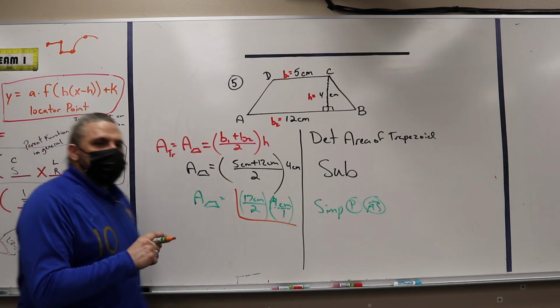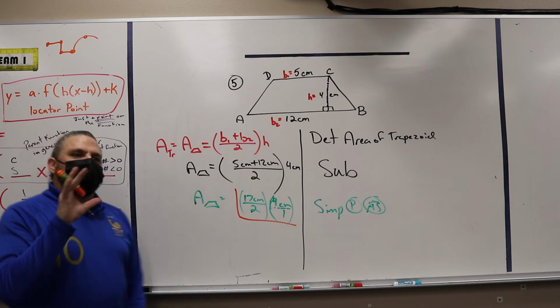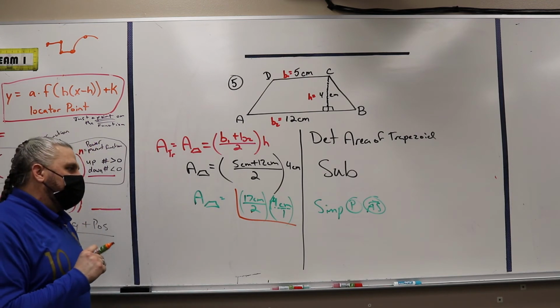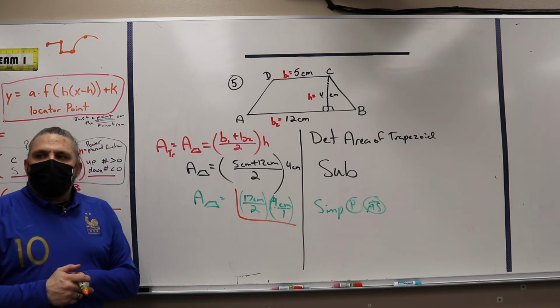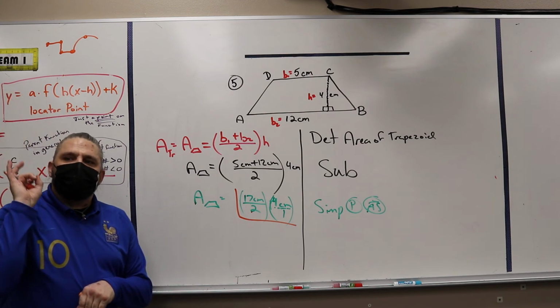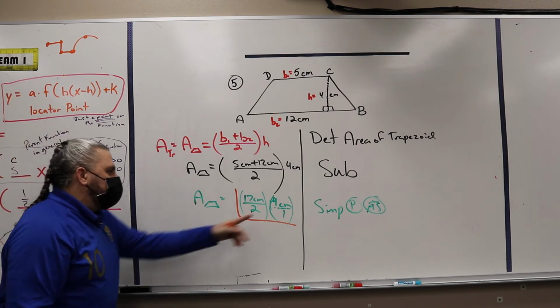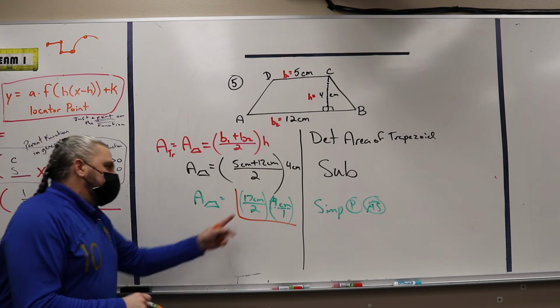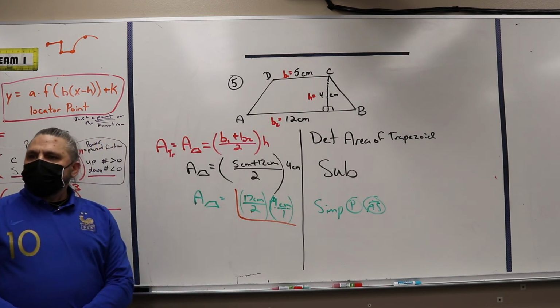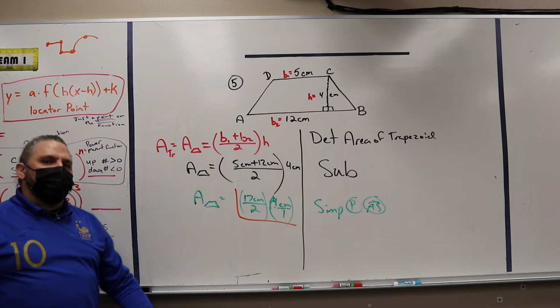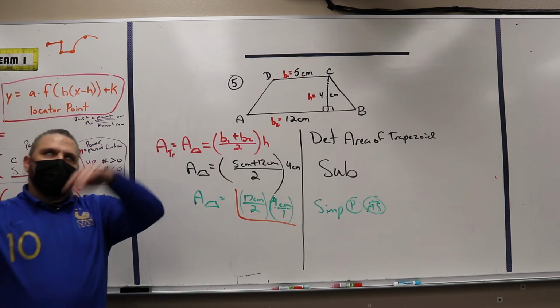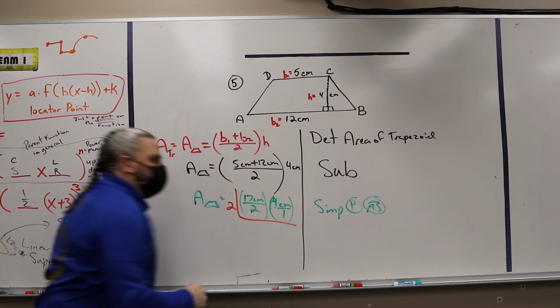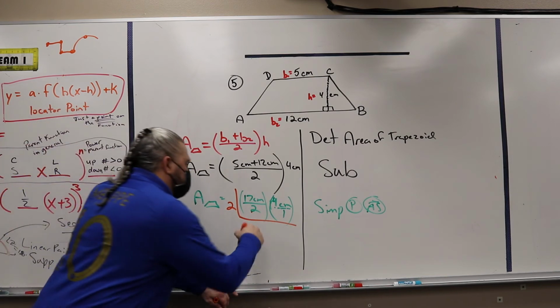It lets me figure out what I can pull out of both the top and the bottom at the same time. So what goes into 4 and 2? 2.